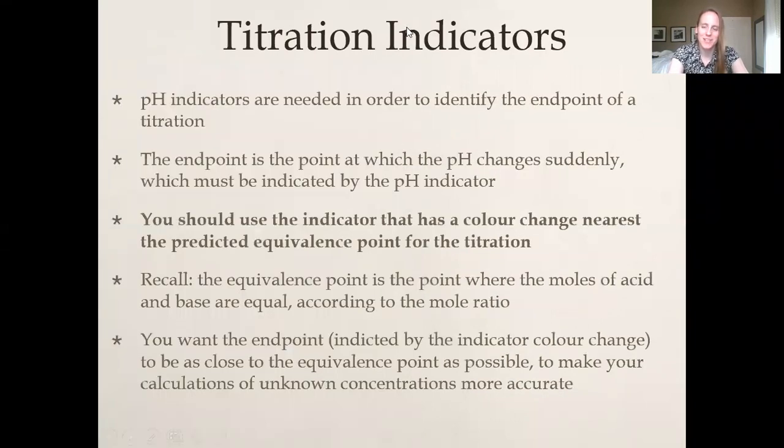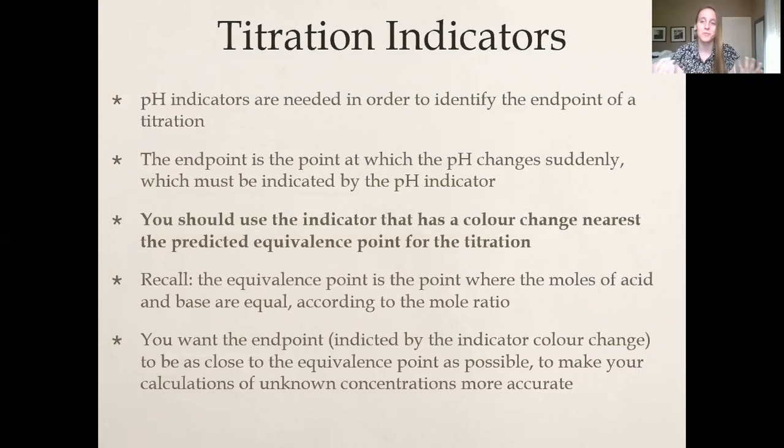Okay, the last thing that I want to talk about is titration indicators. Anytime you're doing a titration, you need to use some sort of pH indicator to show you when you've reached the end point, because you can identify the end point by a color change that happens when the pH changes.